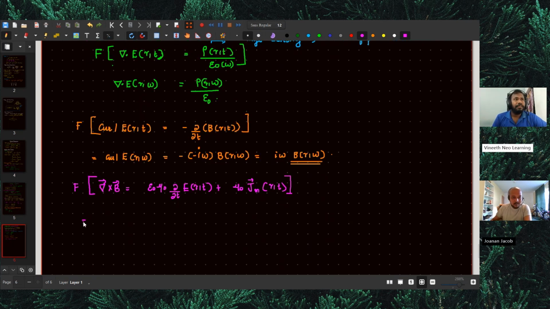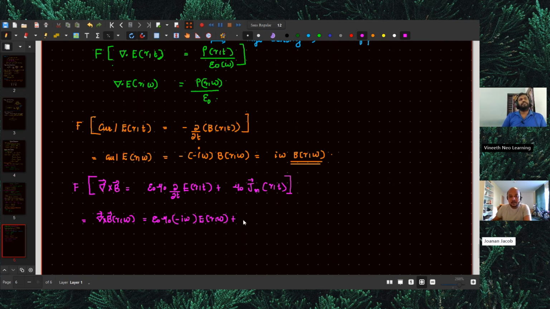The LHS becomes del cross B of R, omega, equal to epsilon 0 mu 0 times negative i omega E of R, omega, plus mu 0 J of R, omega.